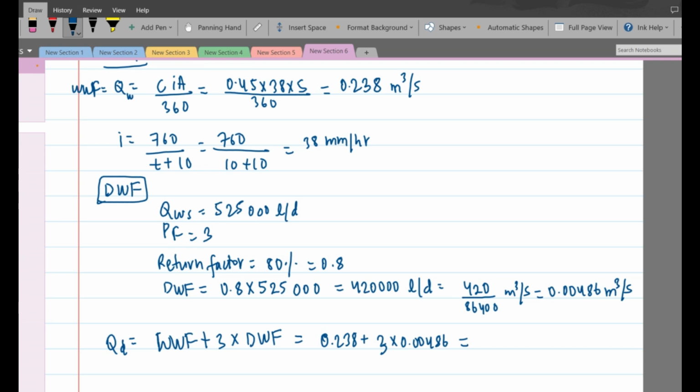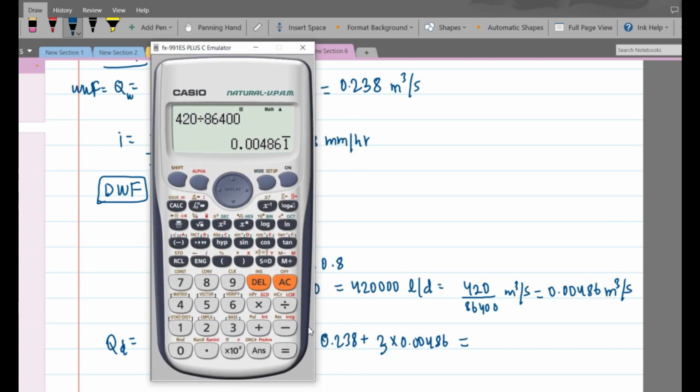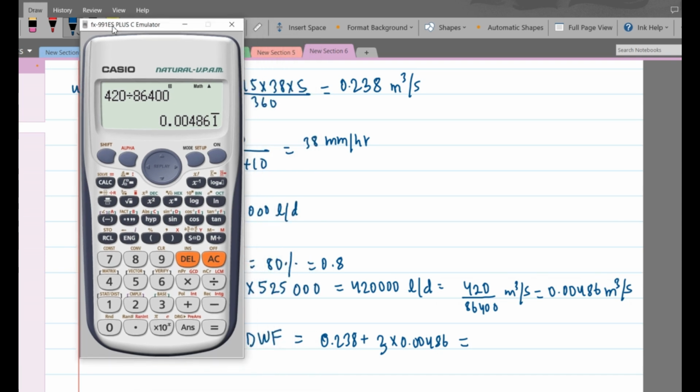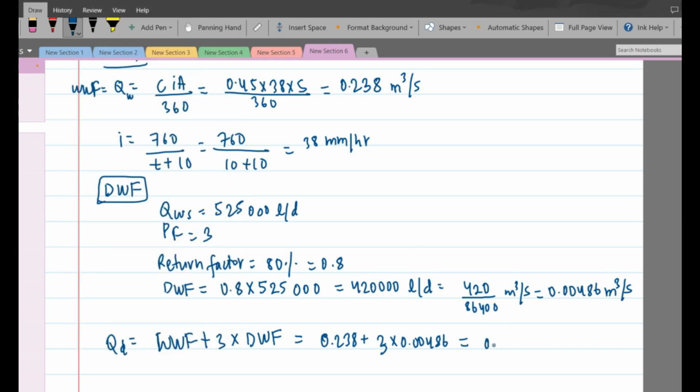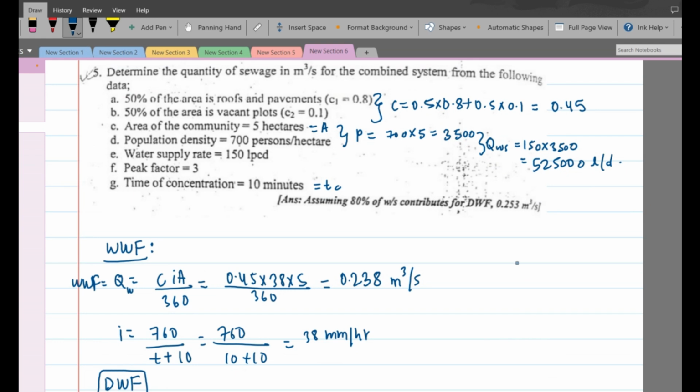Let's calculate this. It will be 0.25258 meter cube per second, or we may write it as 0.253 meter cube per second, right? So the answer given here is 0.253 meter cube per second.